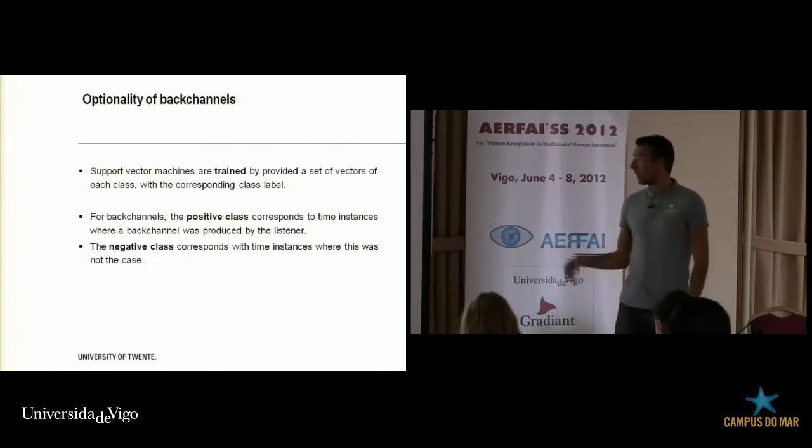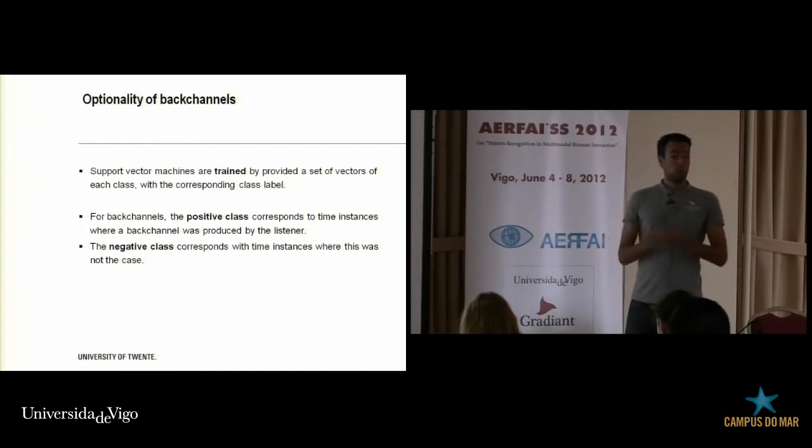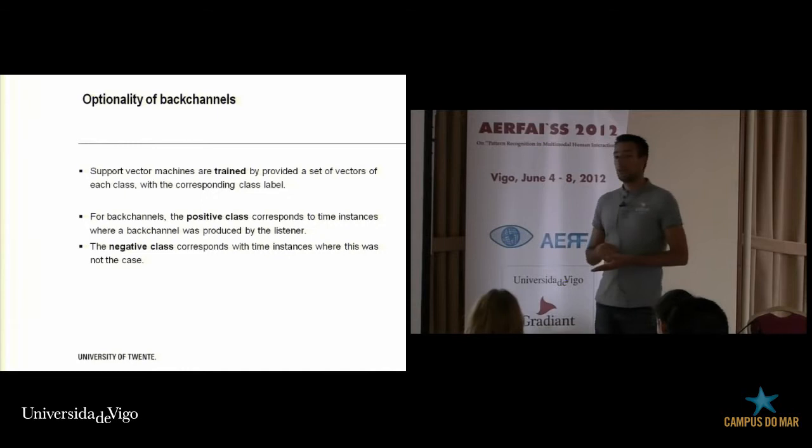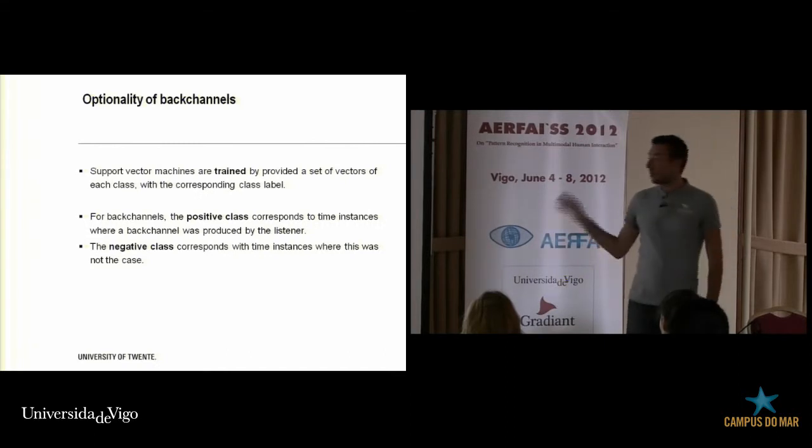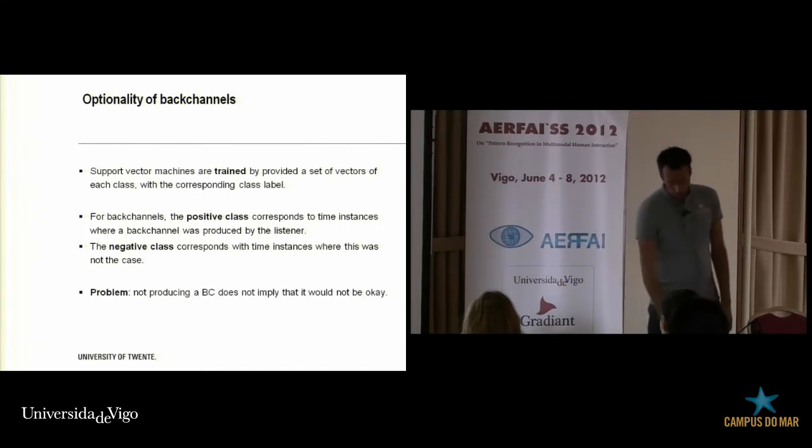But for the negative, we don't know. If we take moments in time where no back channel was produced, there's no guarantee that if one had been produced, it would have been a bad idea. So we don't really have negative samples. If we apply a support vector machine, some of the negative samples might not be negative at all.